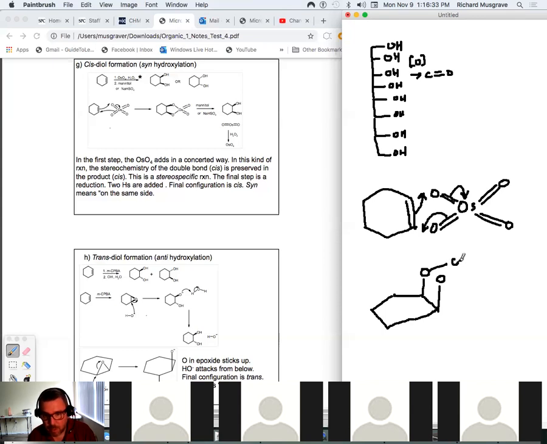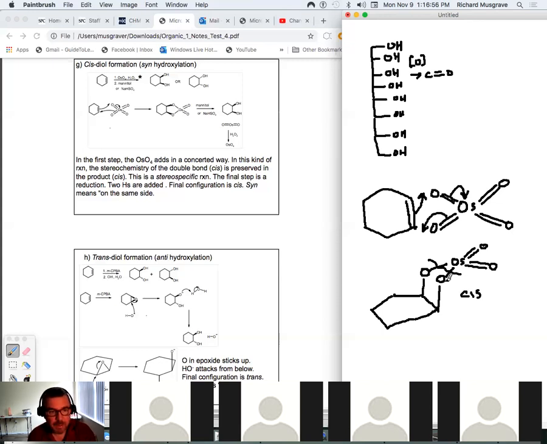Because they all sort of broke and formed all at the same time, you can see that we end up with a very specific cis stereochemistry. And then the mannitol comes in and breaks that off and puts hydrogens on the oxygens. So we end up with a cis product at the end.